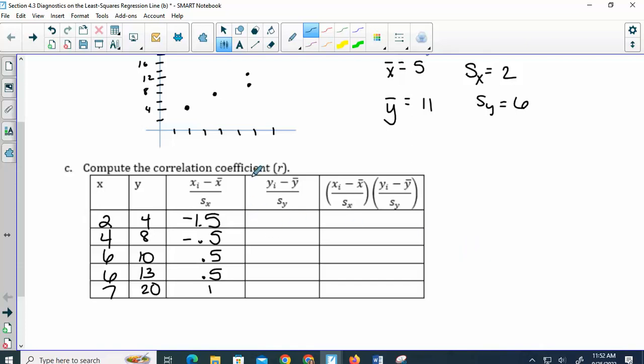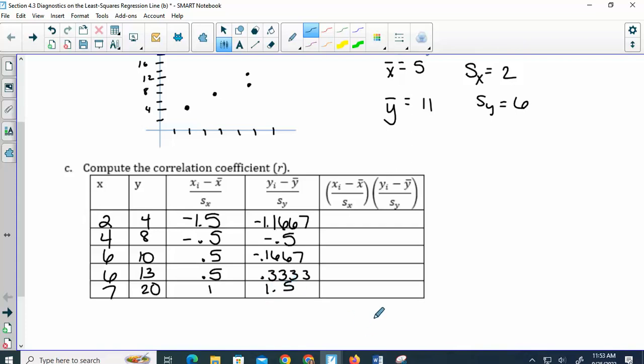All right, so then we do the y's. So your y value, minus 11, divided by 6. Alright.